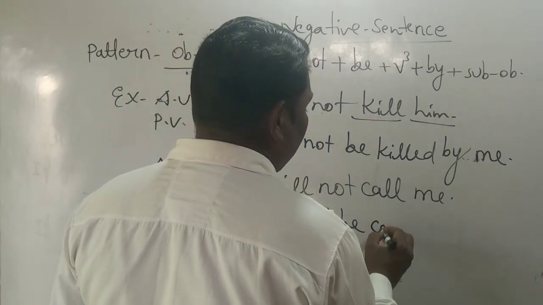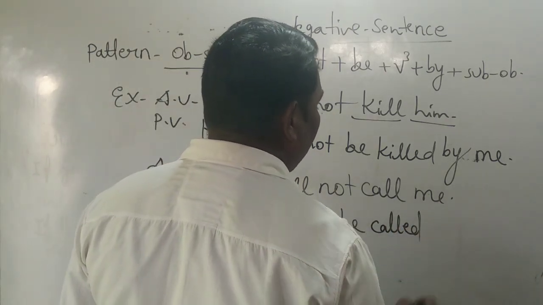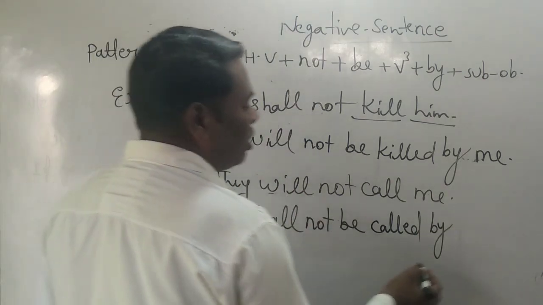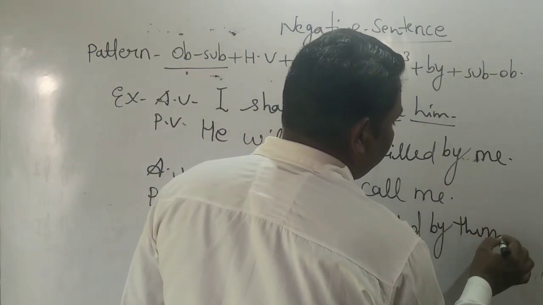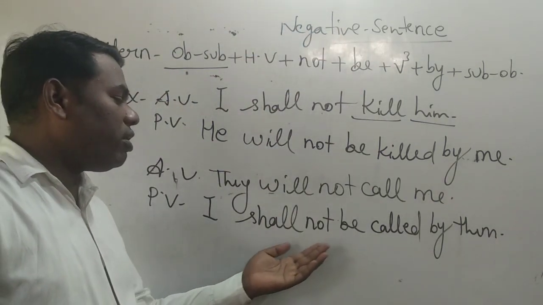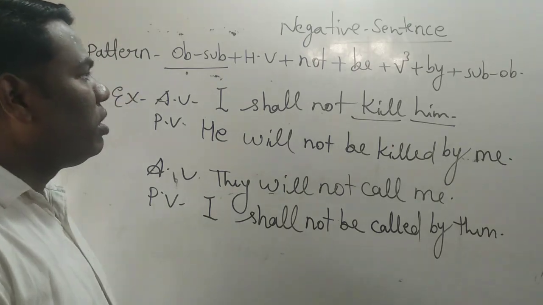What is V3? Call. V3 will be called, and extra word by, and then subject to object. They will be changed into them. Now you have changed into passive voice. I shall not be called by them.